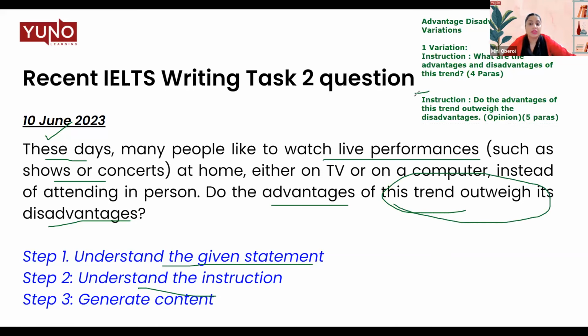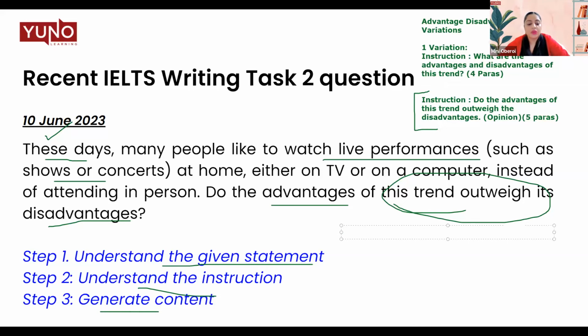I know that for this particular essay, this is going to be my structure, a 5-paragraph structure. Generate content. That means we need to know, are there more advantages or more disadvantages, right? So the first thing you will start with is content generation.